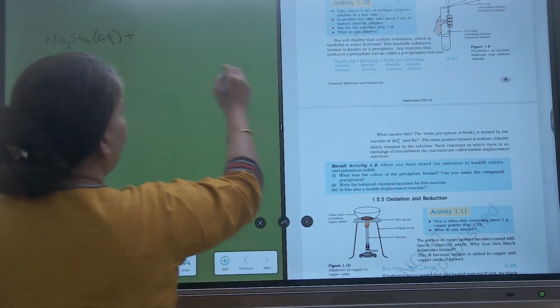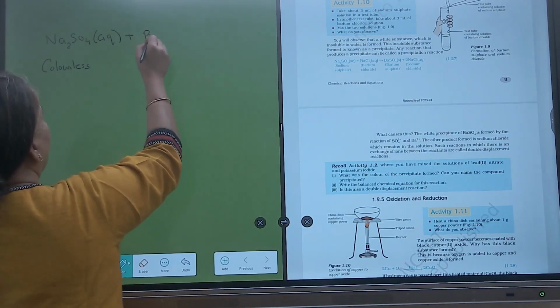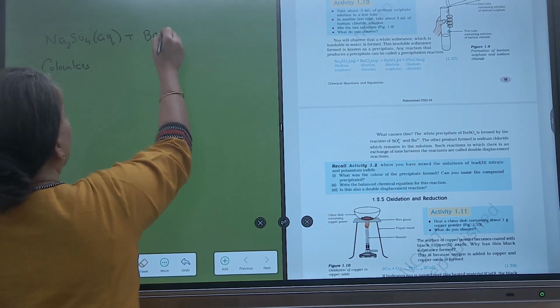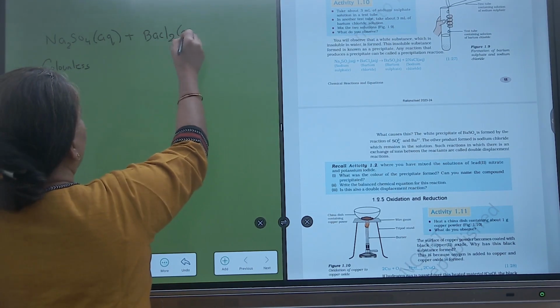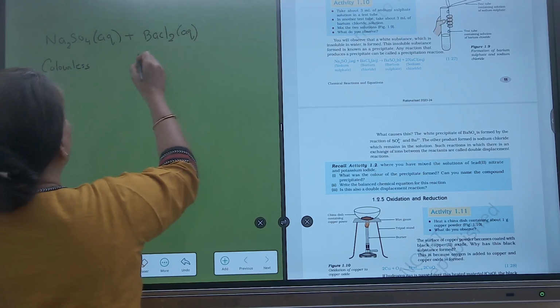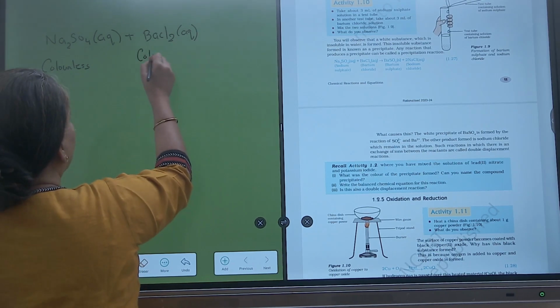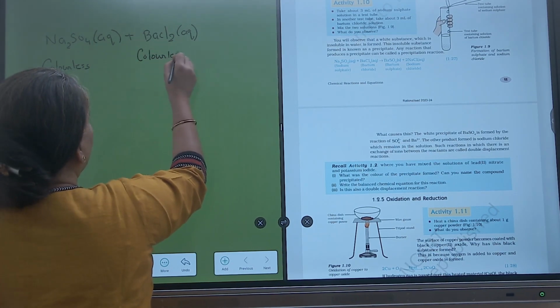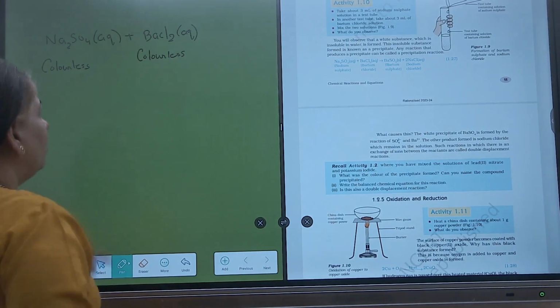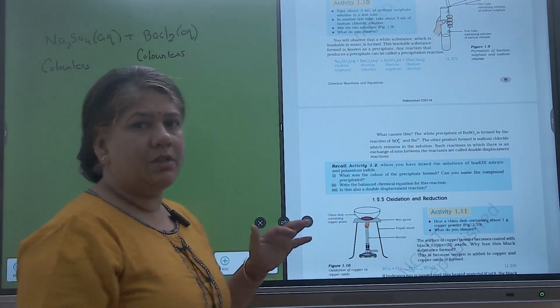In another test tube, you take barium chloride and dissolve it in water. This will make aqueous solution. Again, this is colorless. So initially both the aqueous solutions are colorless.